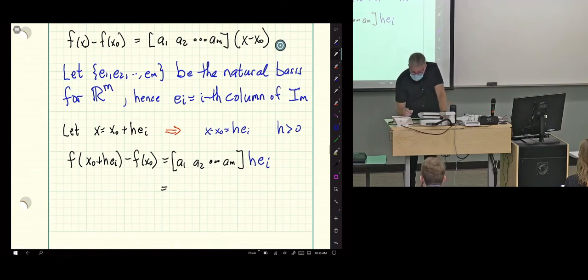Okay, so what does this vector have in it? It has 0 in the first component if i is bigger than 1, 0 in the second component if i is bigger than 2, 0 in the last component if i is smaller than m. So this only has a 1 in it in the ith place, and so when you multiply these, it only picks out the ith element here. Okay, so this is equal to ai times h.